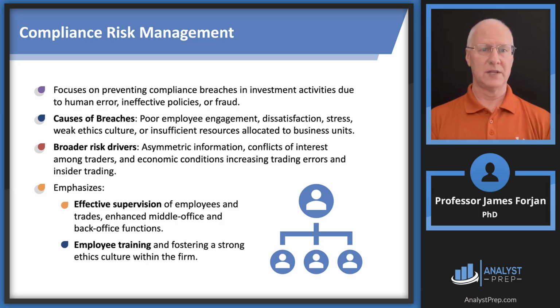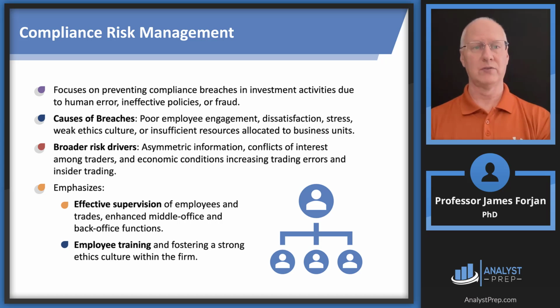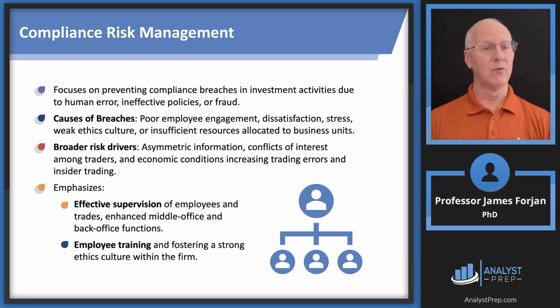Look at the second teardrop point: poor employee engagement, dissatisfaction, stress, weak ethics culture. Add to that a weak risk culture and insufficient resources. If we are focused on efficient compliance risk management, then our marginal revenues are going to exceed those marginal costs.